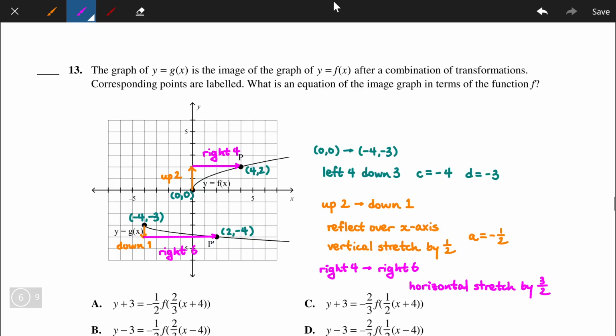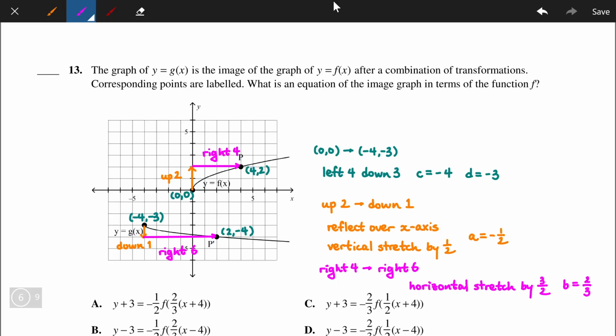Which tells us that the B value is 2/3, and that's a bit tricky, since we actually take the reciprocal of the factor by which the horizontal stretch happened. So in this case, since the horizontal stretch was by 3/2, the B value is 2/3.